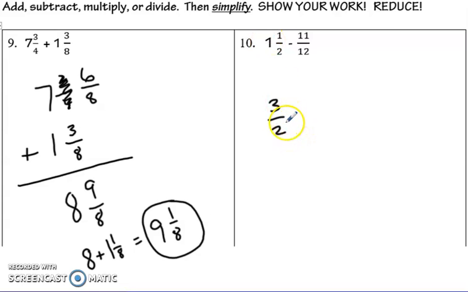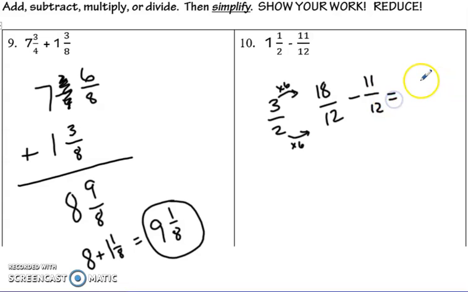Now I'm going to make these into 12ths, so I'm going to convert this by multiplying by 6, times 6. I hope that my skipping a step there didn't bother you. So 18/12 is this first fraction right here. I converted to 3/2 and made 18/12. Now I need to subtract 11/12 from that, and you can see my answer is going to be 7/12.